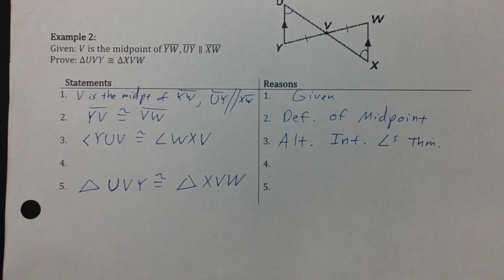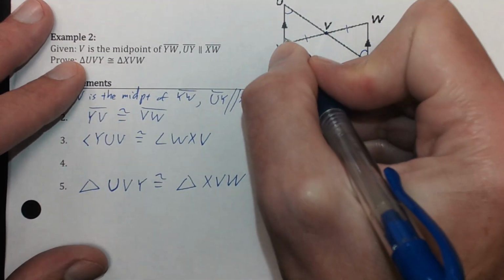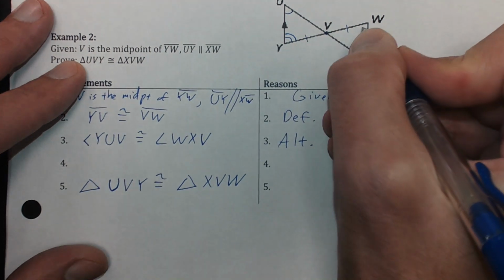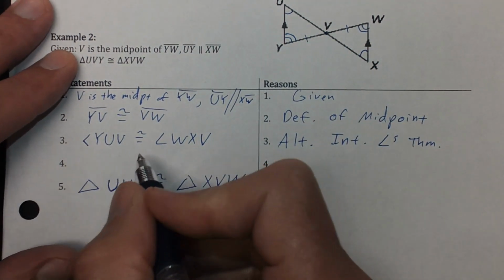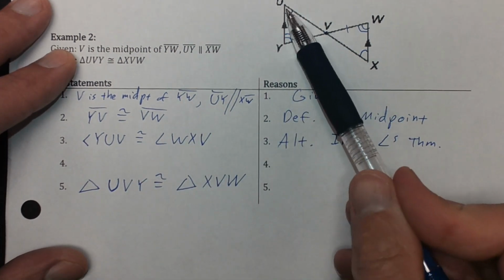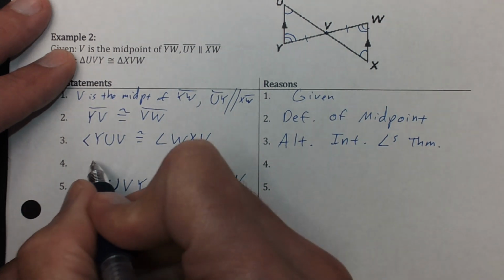Okay, well, is that the only transversal I had? I had another one. So that means we have another pair of alternate interior angles once again. And notice by doing that, now I have angle, angle, side, angle, angle, side. So that is why I went in that direction.